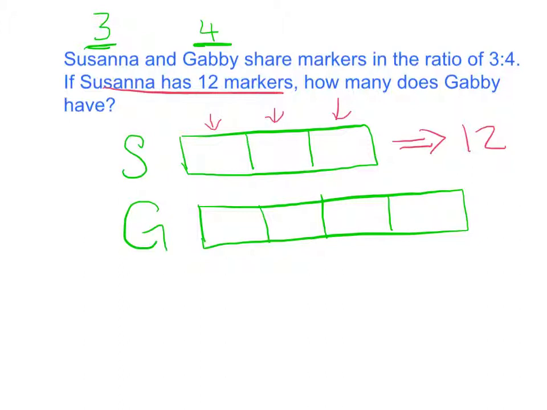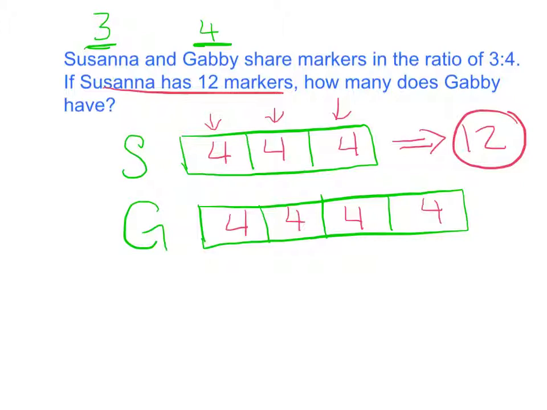So I have 3 boxes for a total of 12 markers. There are 3 groups to get into 12, so I know that each one of these had to have been 4. And to check it, I can say 3 times 4 is 12, or 4 plus 4 is 8, and 8 plus 4 is 12. If those boxes are 4, Gabby's boxes are also 4.